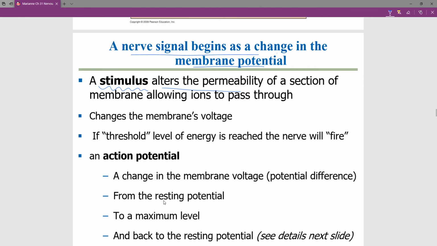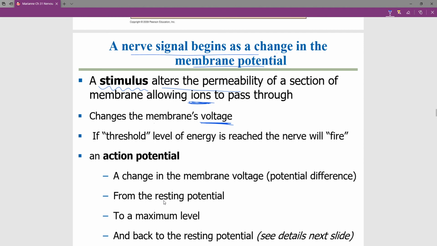You remember we had a concentration gradient set up. And so basically, if we open up the membrane to ions passing through, we're going to have ions move, right? Through passive transport. All of this is going to change the charge. It's going to change the voltage of the cell.